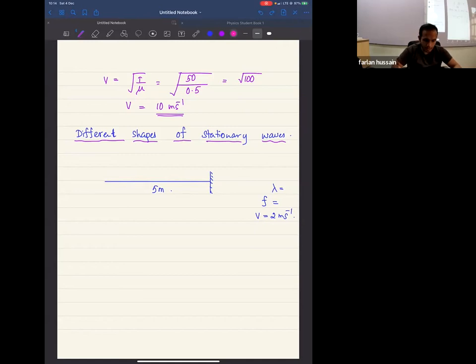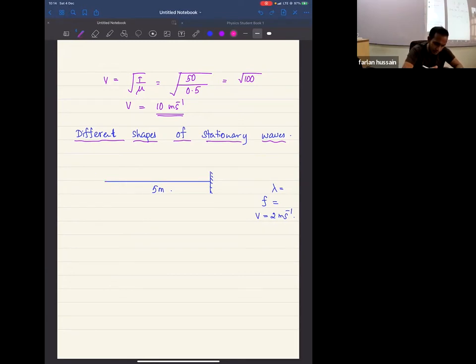Now let me see at what frequency we form a stationary wave. What is the frequency we should use to oscillate the string to form a stationary wave? Listen to me very carefully.